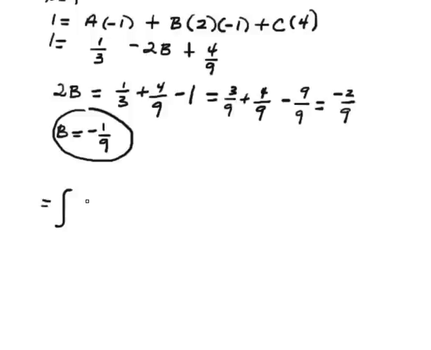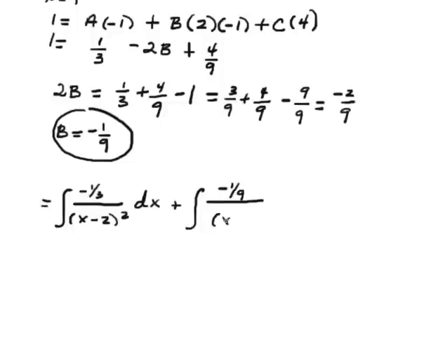I'll put that right here. -1/3, that's A. And we have (x - 2)^2. Okay, B is -1/9. And I have that over x - 2. And C is 1/9. And we have that over x - 5.